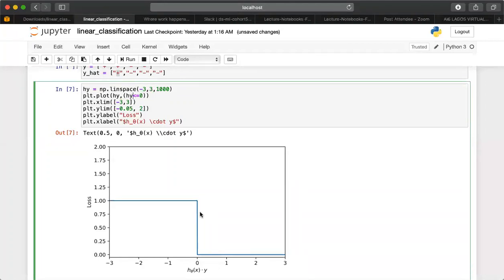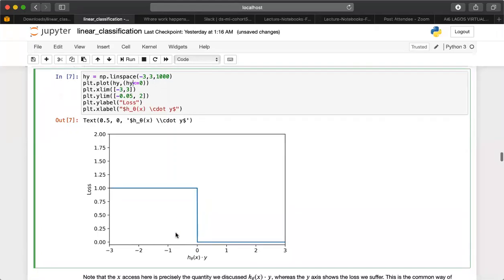If we plot that here, you find out that all the negative outcomes are towards the left of the x-axis, and the loss is 1, right? And all the positive outcomes are towards the right of the x-axis, and their values are 0.